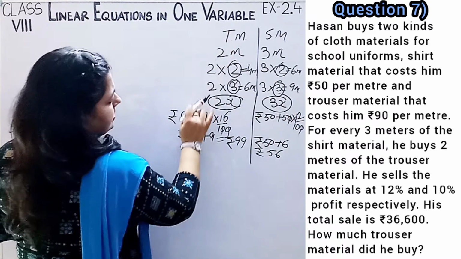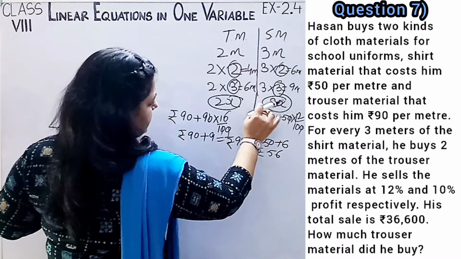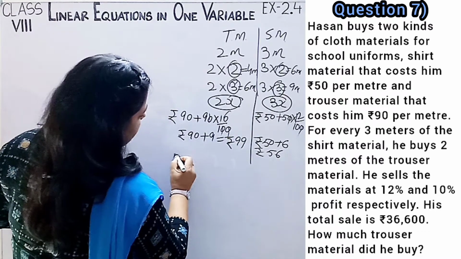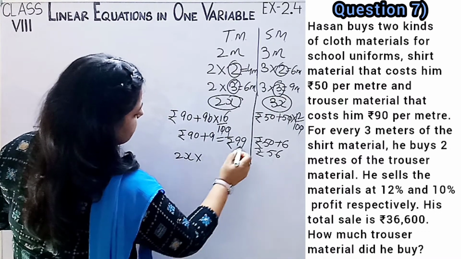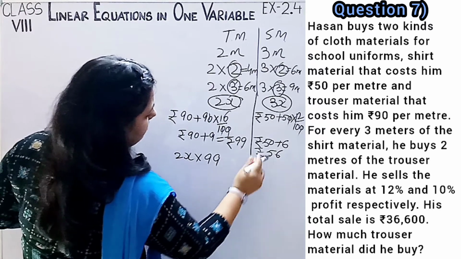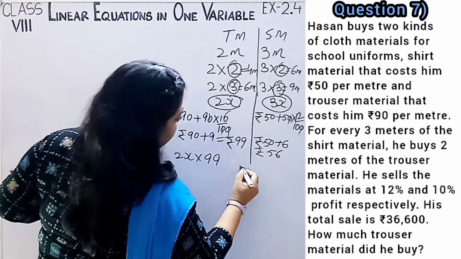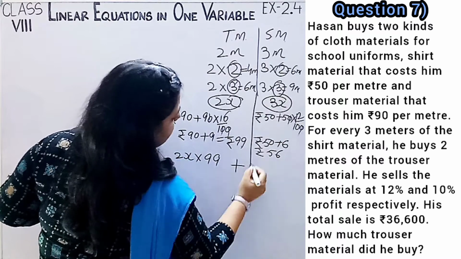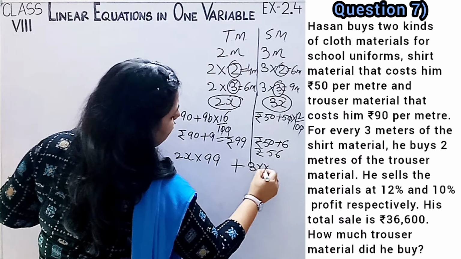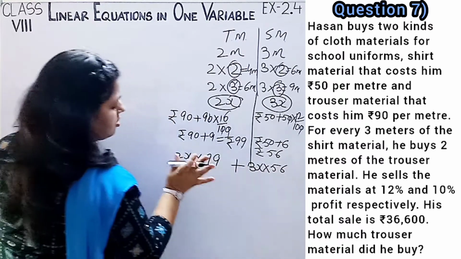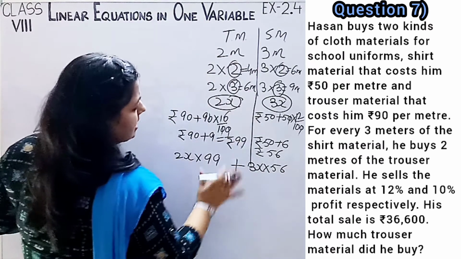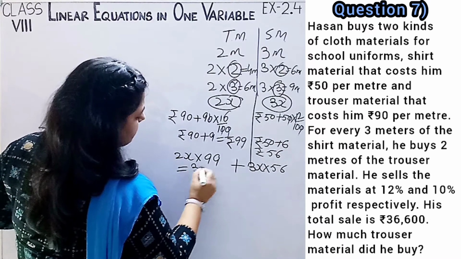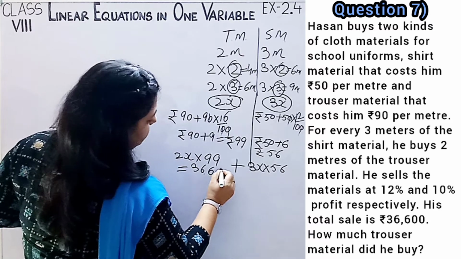This is trouser material, this is short material, and we have to calculate with this. So 2x into this 99 and total cloth plus sign 56 here, and 3x is given, 3x into 56. And the cost of total material is given in the question, 36,600.